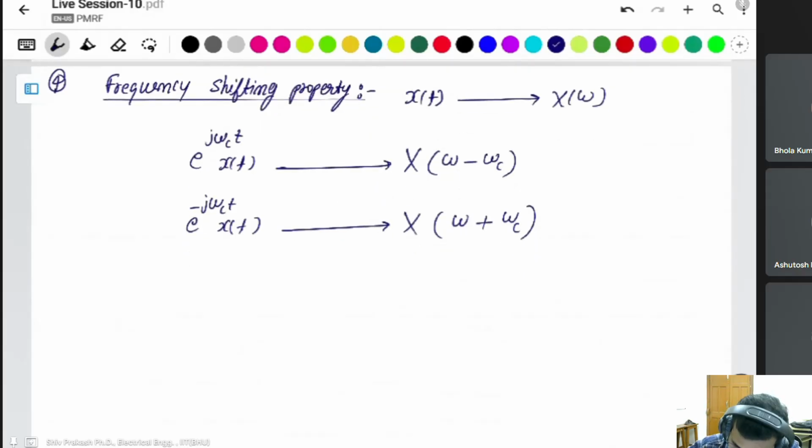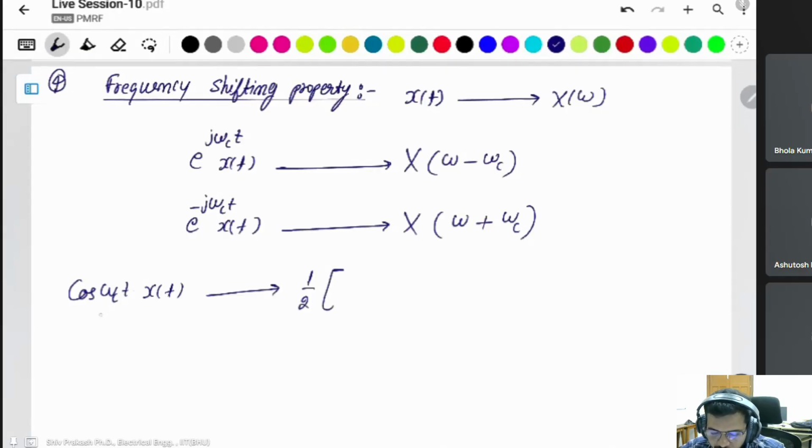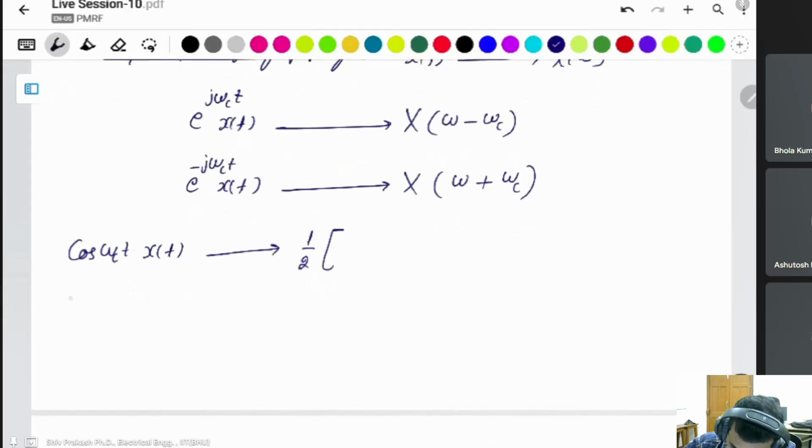Same thing, if you multiply by some cosine signal, cos(omega c t) into x(t), then in frequency domain this will be half of, cos means e power of j omega c t plus e power of minus j omega c t, divided by 2.